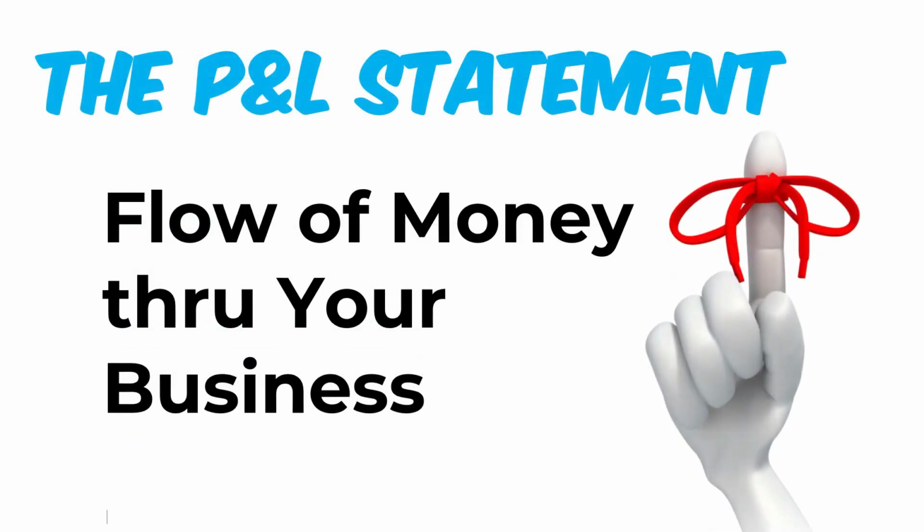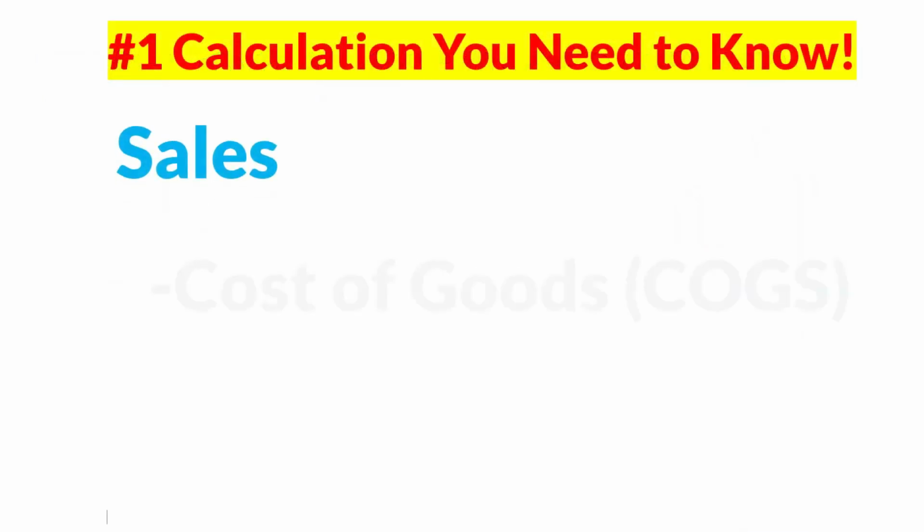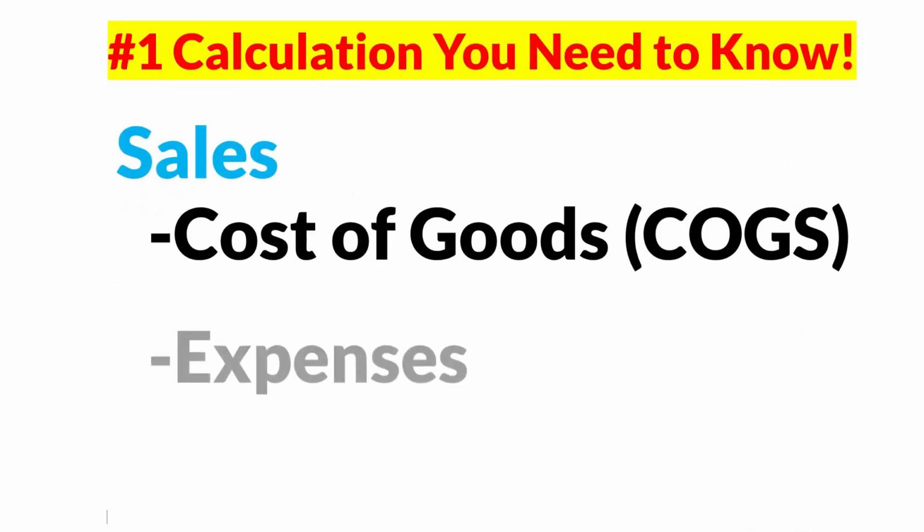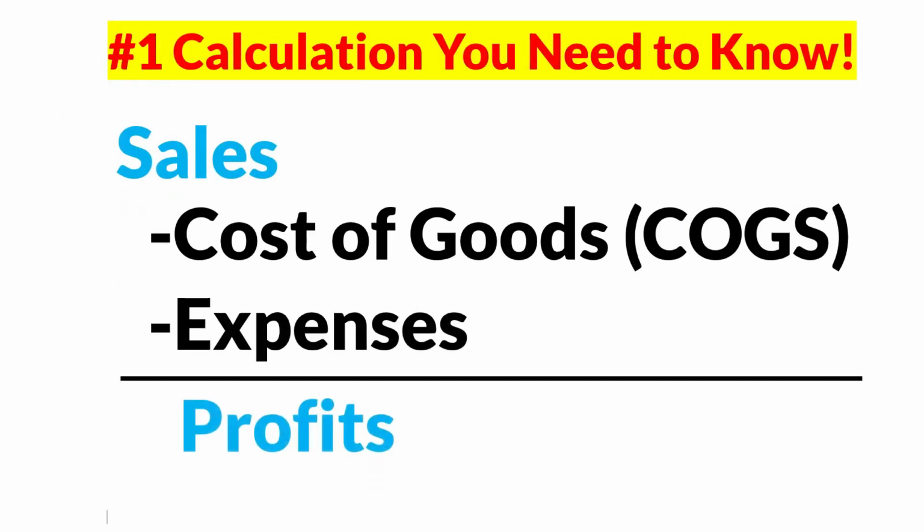Now, your P&L statement is basically the flow of money through your business. As you can see, we started off with sales, then we went to cost of goods, and then we took off the expenses, and finally we ended up with our profits. This is the number one calculation that I tell people they need to know: sales minus cost of goods minus expenses equals profits.